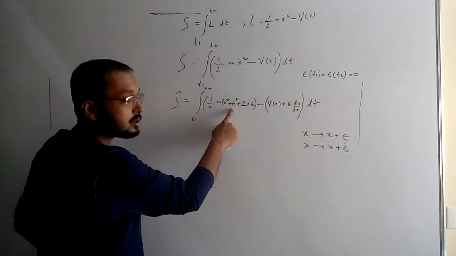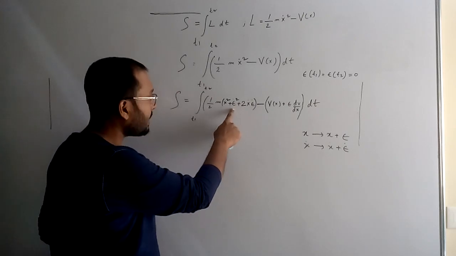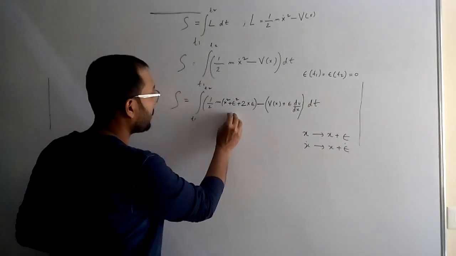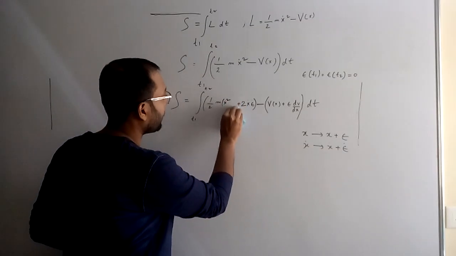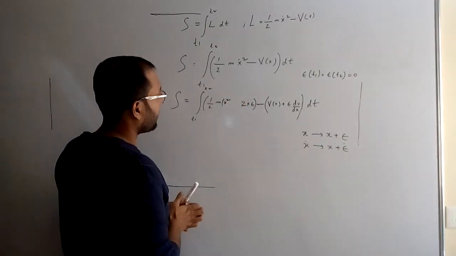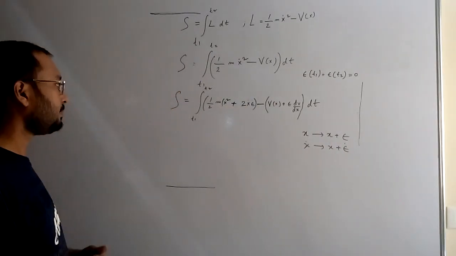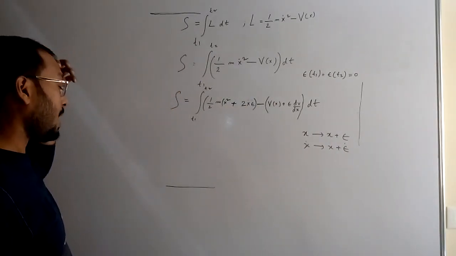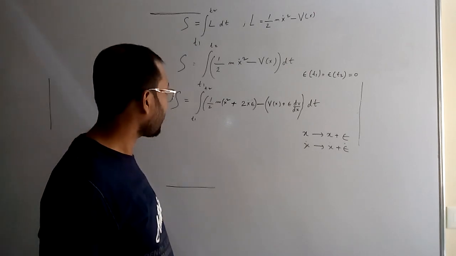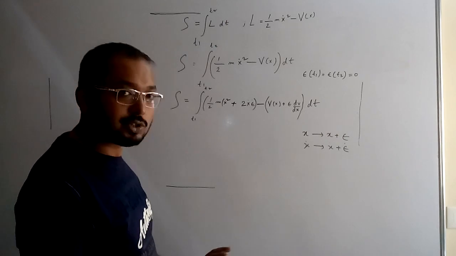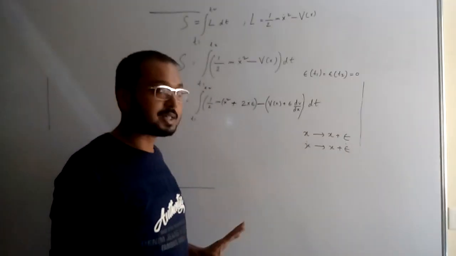Epsilon dot squared can also be ignored. Epsilon being small, epsilon dot is also small, so epsilon dot squared is also very small, it can be ignored. So ignoring epsilon dot squared, this is what I'm left with. How do we move ahead from here? The idea is to isolate terms containing epsilon.